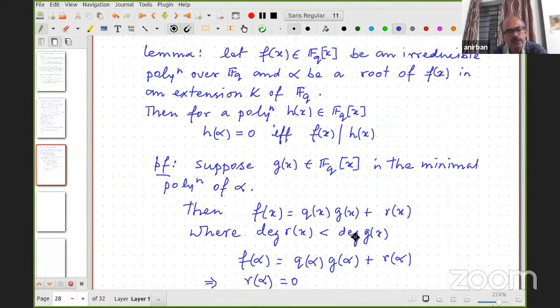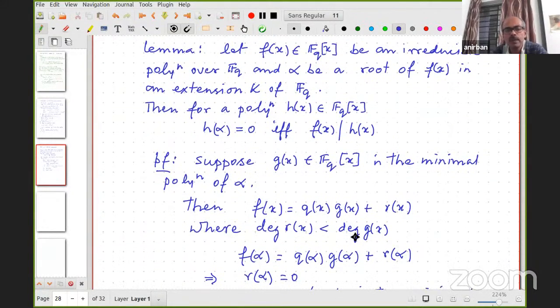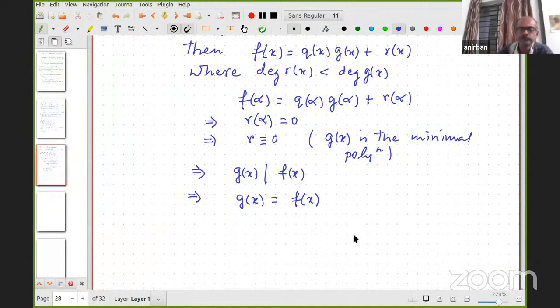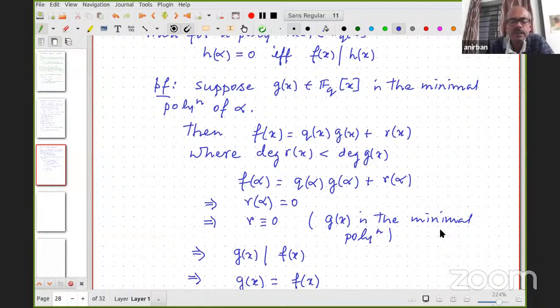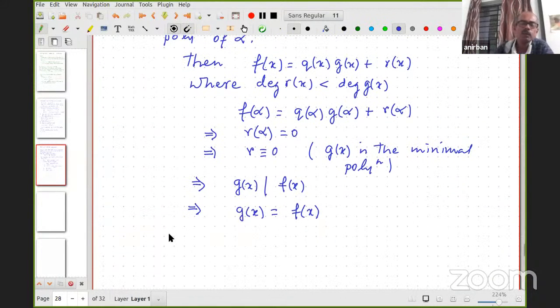That is okay. If we start with a monic polynomial f, then that doesn't arise. Otherwise, there can be a constant. So let's ignore that constant. So f(x) is equal to g(x). So up to a constant, f(x) itself is the minimal polynomial of alpha.